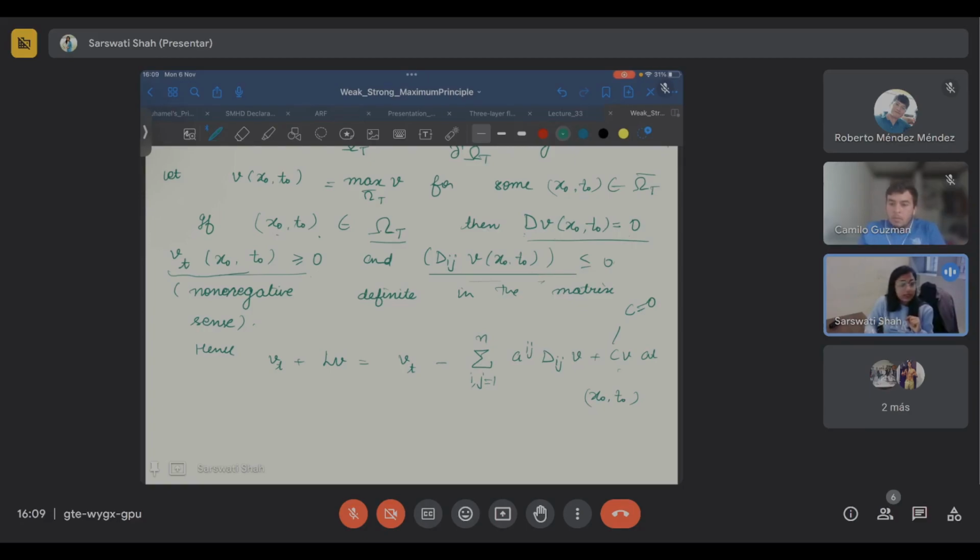So at (x naught, t naught) the temperature is going to be positive. So what is the possibility? This should be less than or equal to 0. However, in that case we have to take c equals 0, because c is a constant. If we are not taking c equals 0, we have to define sub cases that c is greater than 0 or c is less than 0. So to make this condition true, we have to take c equals 0 when this point is coming from the inside of the boundary.